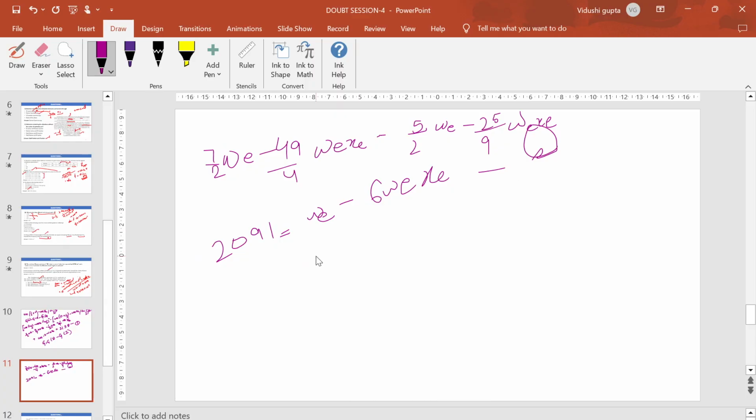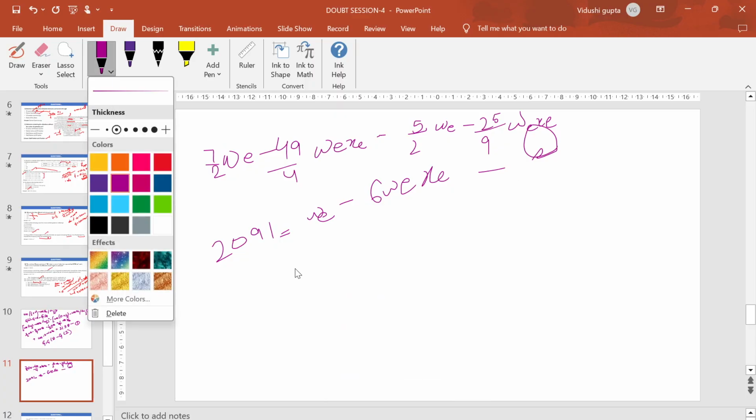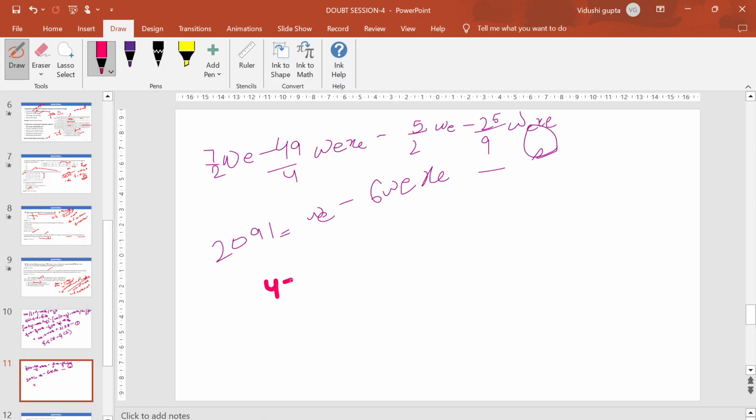Now from these two, it will be 47 equals 4 omega E XE. Then omega E XE will be 11.75 centimeters.